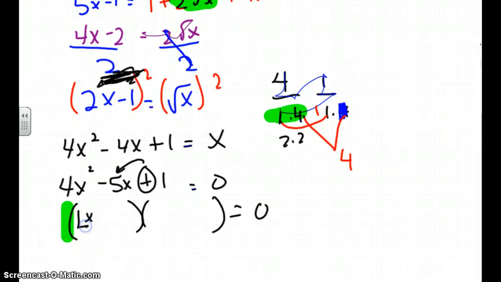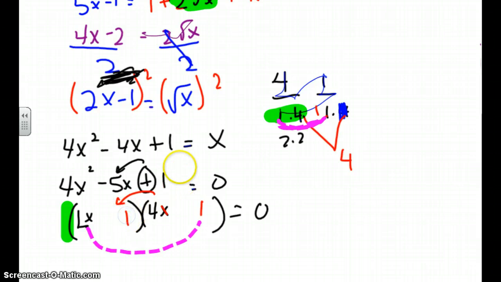So I'll have a 1x and a 4x. And then the next thing I want to do is look to see what this 1 lines up with, because after first terms in the FOIL method comes outer, and it looks like I've done the work for me out here. Looks like I should be lining up the 1 with a 1. And the 4 also goes to a 1.